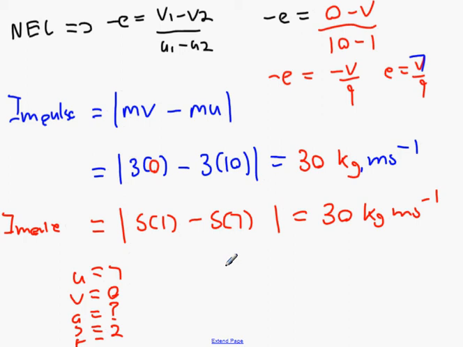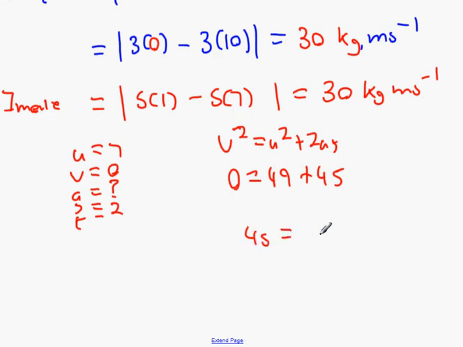We want to find A. So V squared equals U squared plus 2AS. 0 equals 49 plus 4A. 4A equals 0 minus 49 because it's a deceleration. A equals minus 12.25. A equals minus 12.25 meters per second squared.